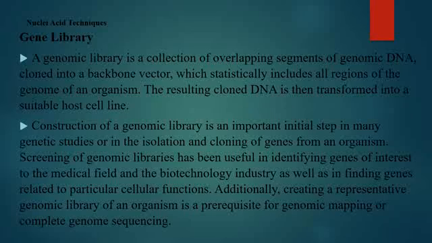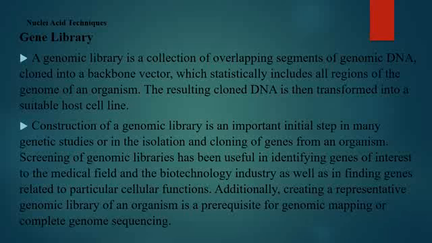Now, gene library. The word gene, you know, the word library, you know. So a gene library is a library of genes, simply put. What's a gene library or genomic library? A genomic library is a collection of overlapping segments of genetic or genomic DNA which are cloned into a backbone vector, which statistically includes all regions of the genome of an organism.